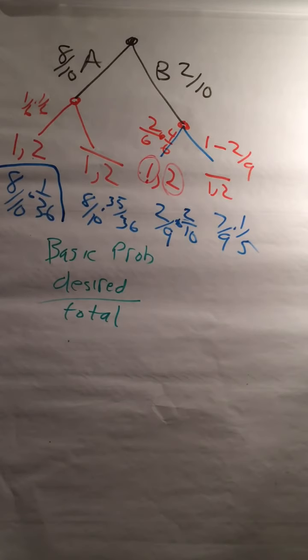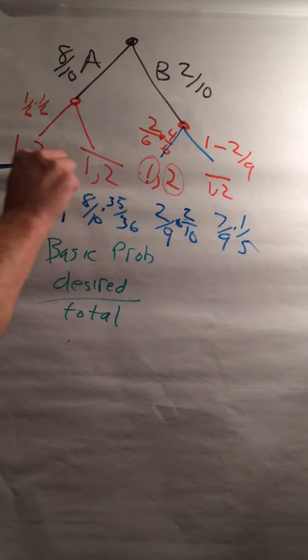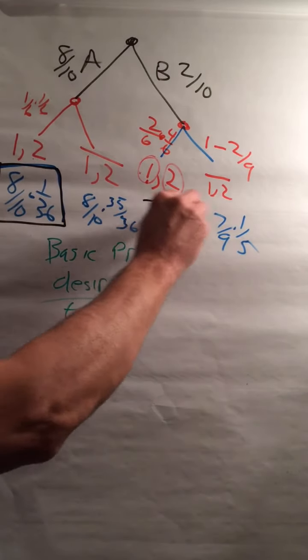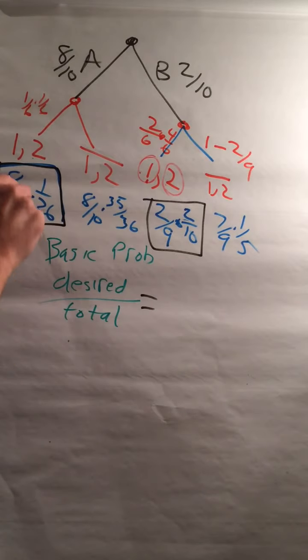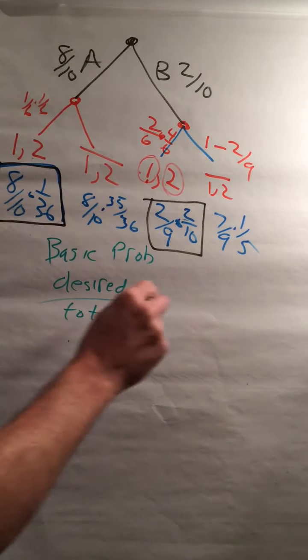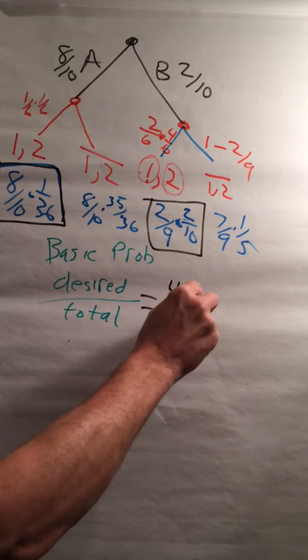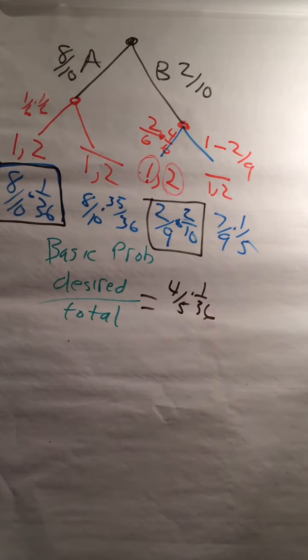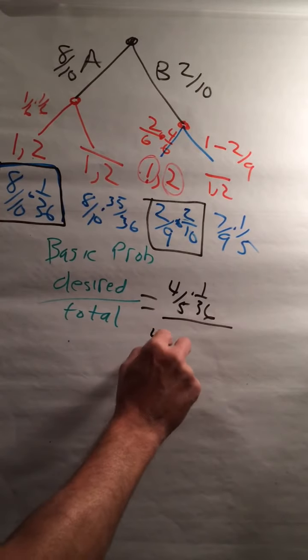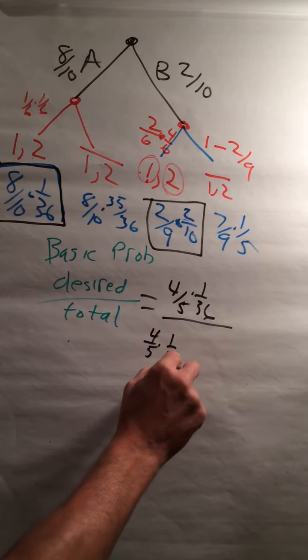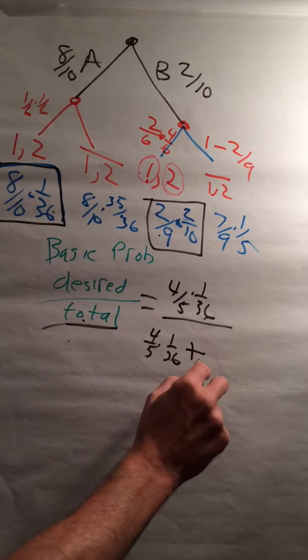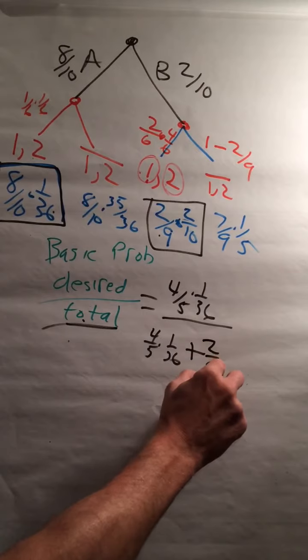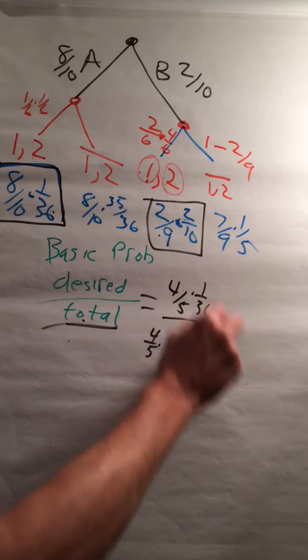Let's do a different color there. Let's do black. This here and this here. So that's equal to 8 over 10, which is 4 over 5. 4/5 times 1 over 36, over 4/5 times 1 over 36, because I'm adding these two now for the total, plus 2/9 times 2 over 10, that's 1/5.